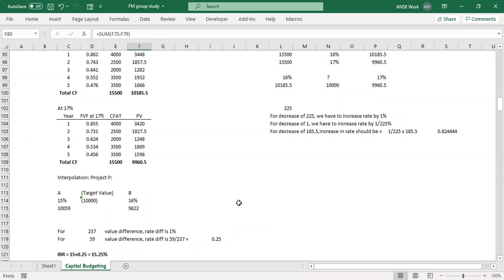The other way around, the interpretation is when you think about it from the IRR perspective. If somebody tells you, my project is so successful that you have to increase your rate to 15.25% in order to equate that with your initial investment, and somebody else tells you, my project is so successful that you have to increase your rate to 16.82% in order to equate that with your initial investment, that's the IRR perspective.